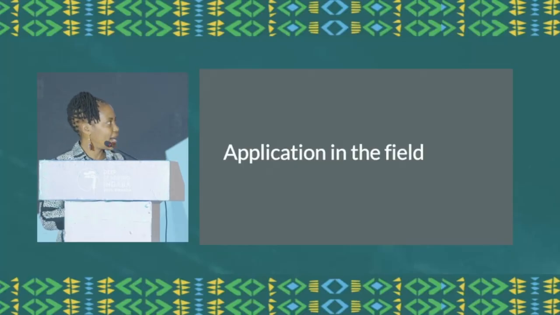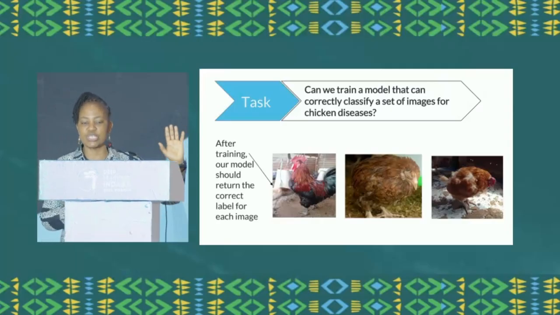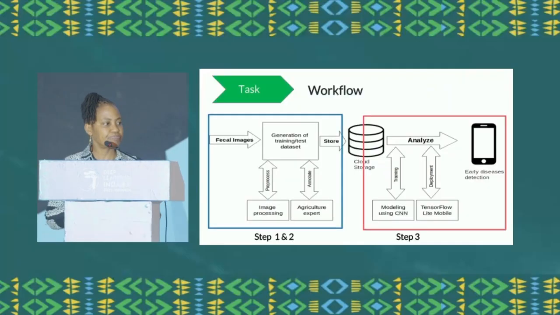So after we have appreciated the theory of convolutional neural networks, how do we apply them in addressing the challenge that we have of detecting the diseases? How do we train a model that can correctly classify a set of these chicken images and provide the correct label for a given disease?